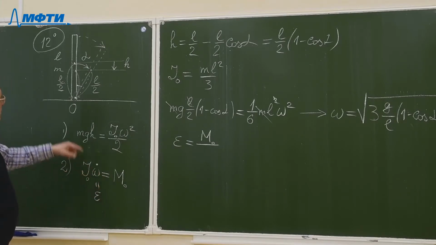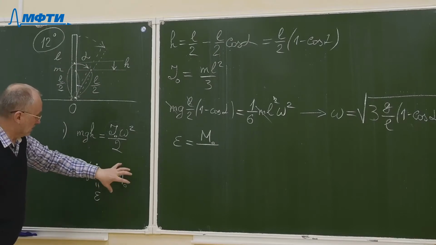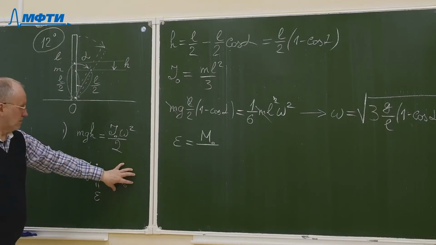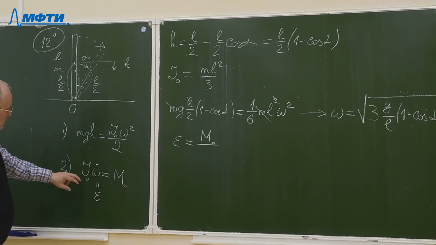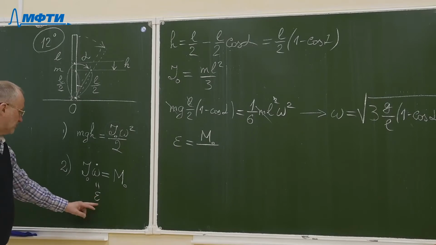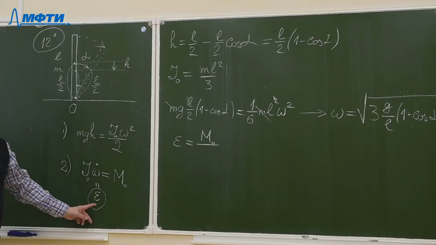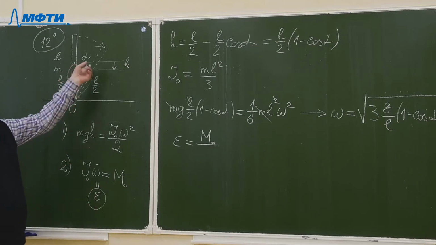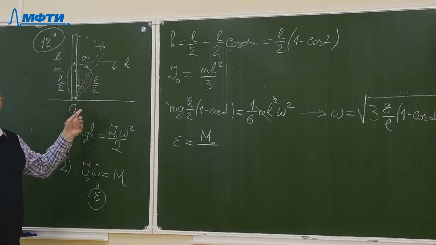So if we go to some other axis of rotation, the calculation of torque will change, and the calculation of the moment of inertia will be different. These quantities will change. But the angular acceleration will not change. So in order to find the angular acceleration, it doesn't matter which axis of rotation you choose. You may choose any axis of rotation which is convenient for you.